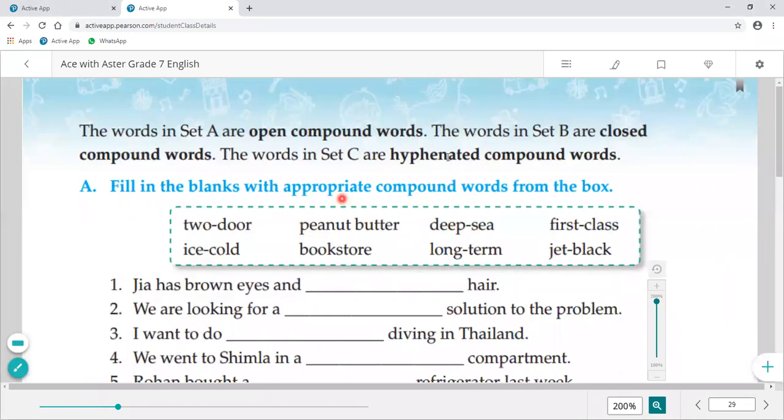Here I will explain what a hyphen is. A hyphen is a punctuation mark used to join two words, as I am showing you the mark like this.